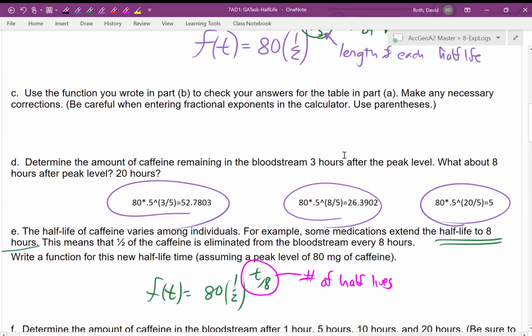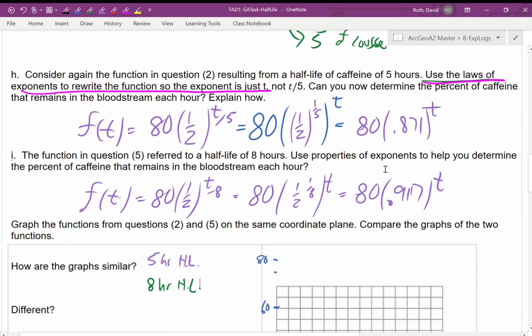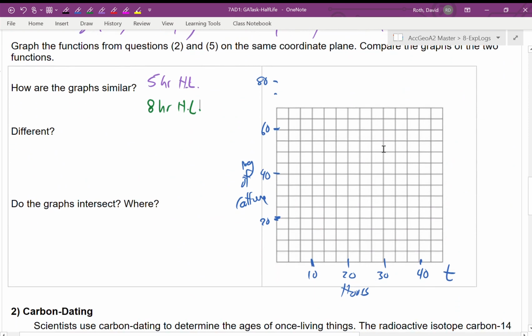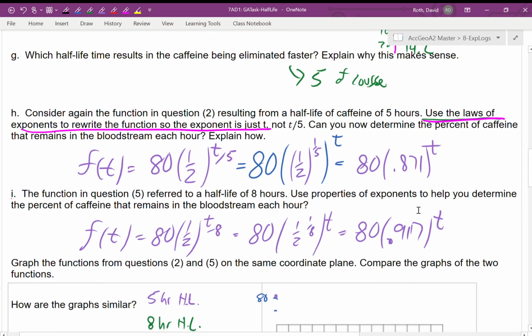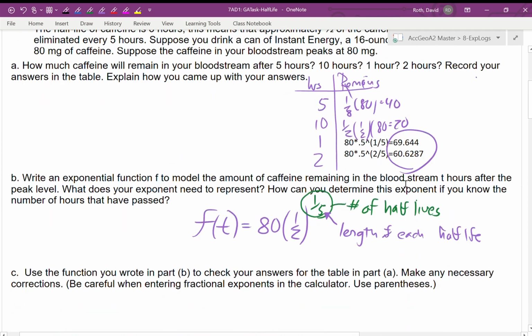Let's see, the 5-hour half-life. At 5, well that's easy just to come up with the numbers. Started at 80. At 5 hours, I'm at 40. At 10 hours, I'm at 20, right?